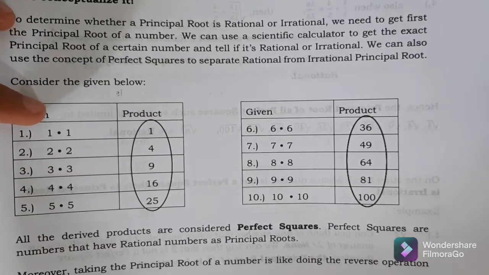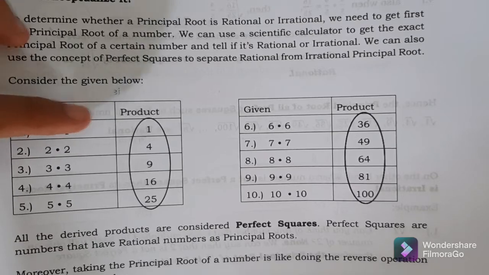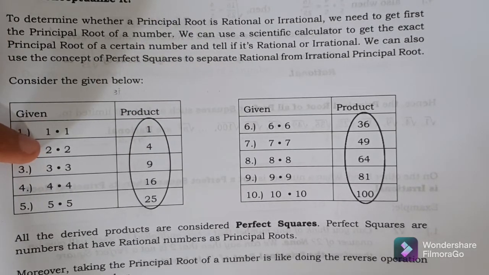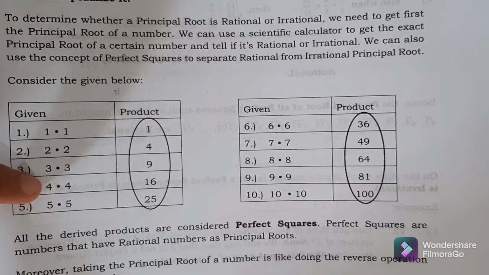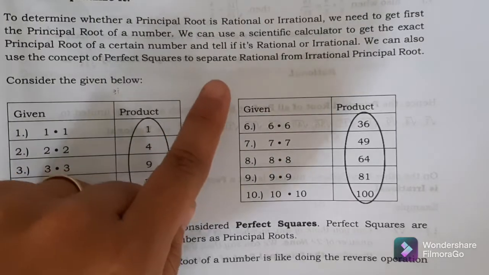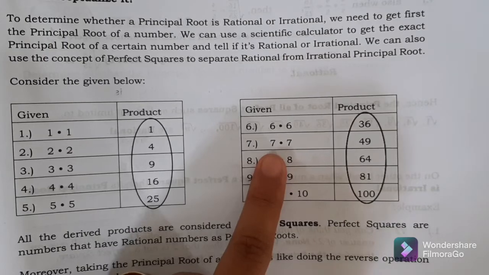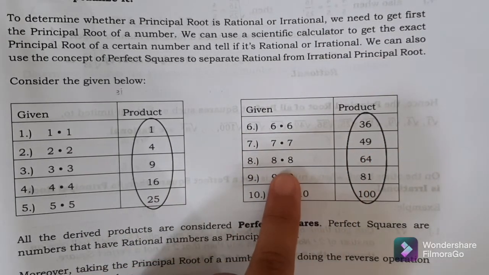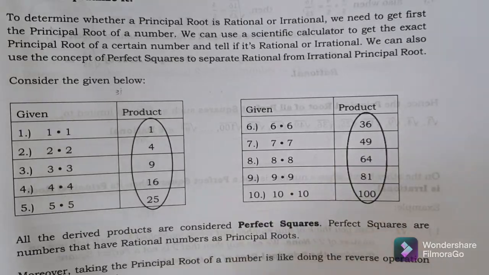So 1, this is the product by multiplying 1 and itself, 4, multiplying 2 by itself, 9, multiplying 3 by itself, 16, multiplying 4 by itself, 25, multiplying 5 by itself, 6 multiplying by itself is 36, 7 times 7, that would be 49, 8 times 8, that would be 64, 9 times 9, that would be 81, and 10 times 10, that would be 100.